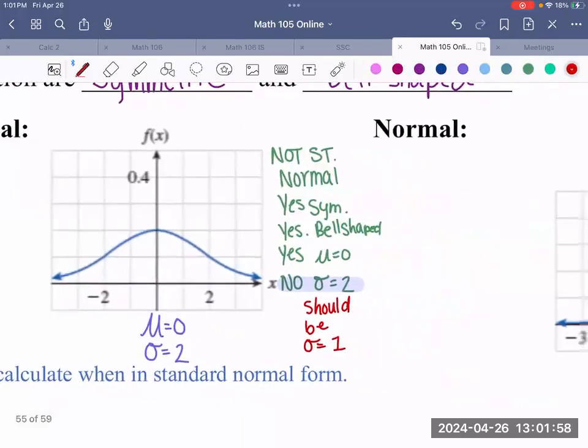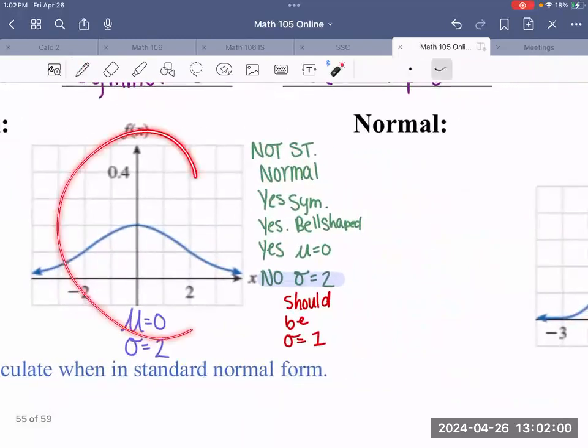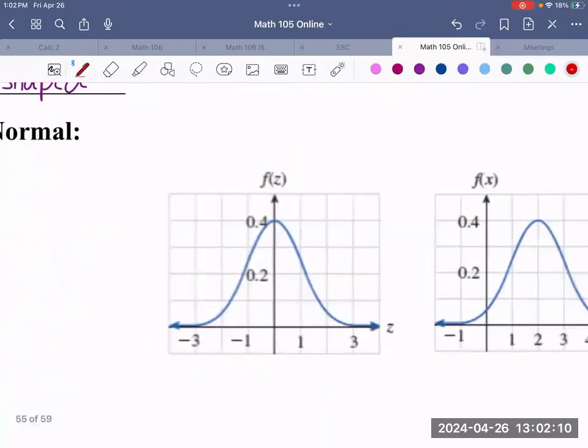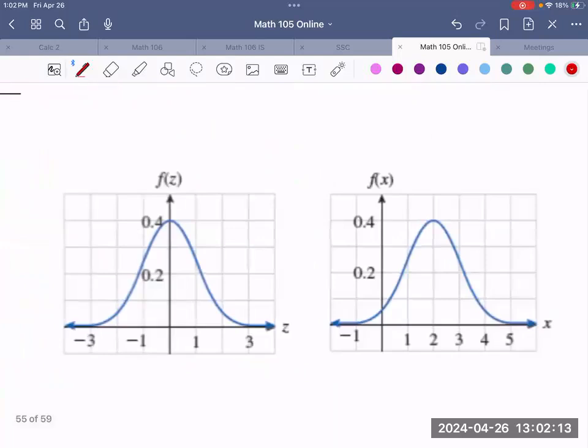So if this is not considered a standard normal and just a normal bell-shaped graph, of these two, is there one that is considered standard normal? Yes, so this one right here has a mean of 0. The other one has a mean of 2.